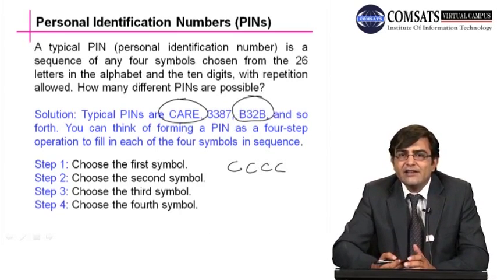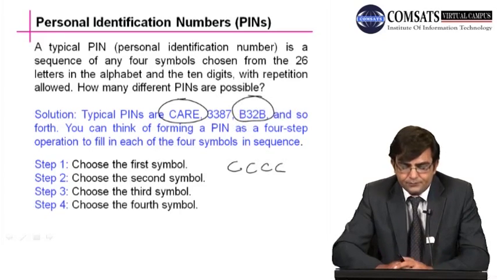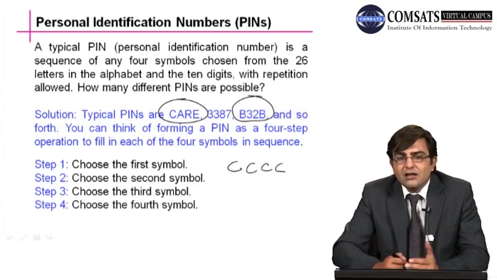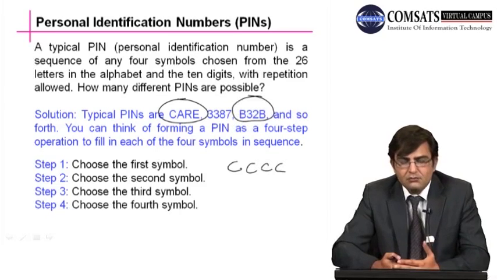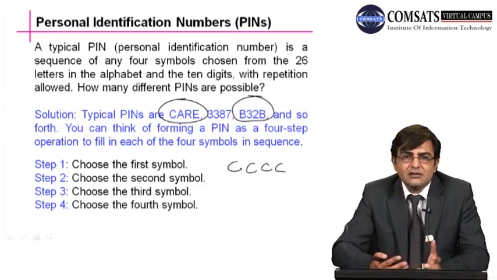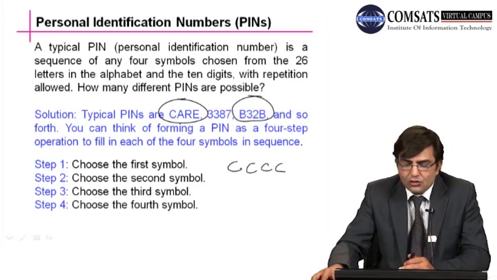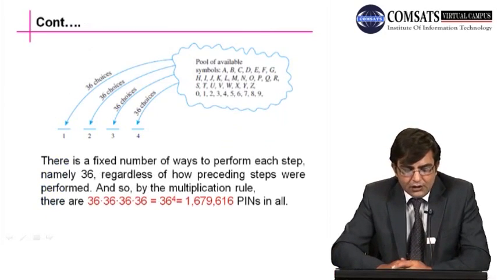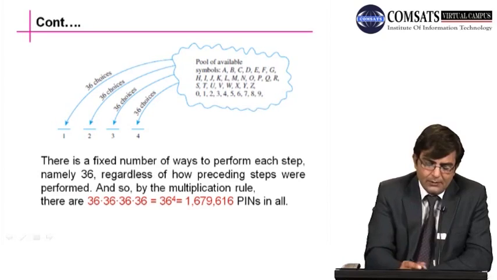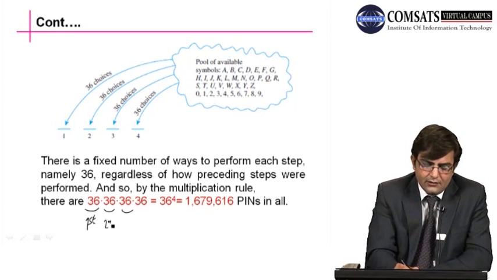How many ways are there to choose a 4-character PIN? At the first step there are 36 possibilities. At the second step there are 36 possibilities. At the third step and at the fourth step there are 36 possibilities. So according to the multiplication rule, you just multiply all the possibilities at the first, second, third and fourth step.